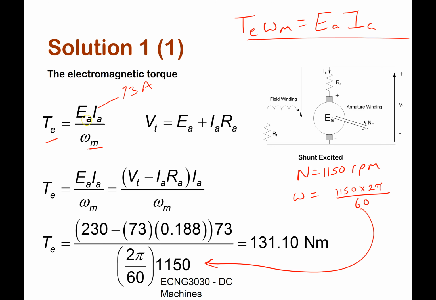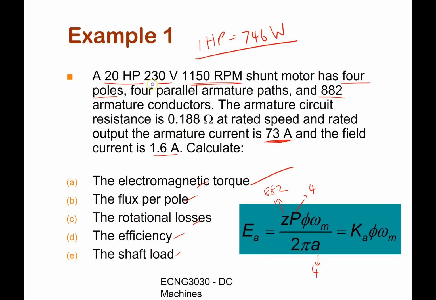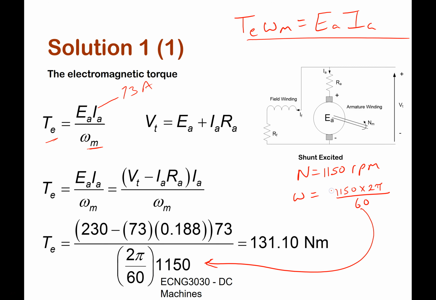Then I need to find EA. I don't know what EA is. I have 230 volts, but that is the value of VT. So I need to find the value of EA, which is this value here. So I know what IA is and I know RA, so I could calculate the voltage drop here.